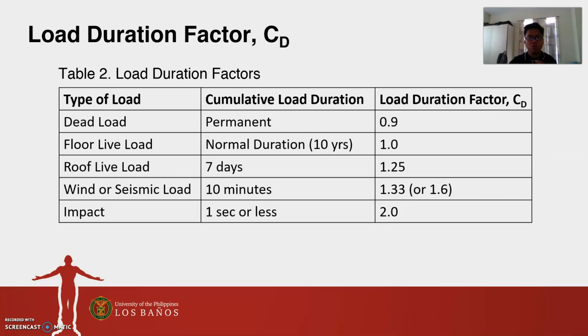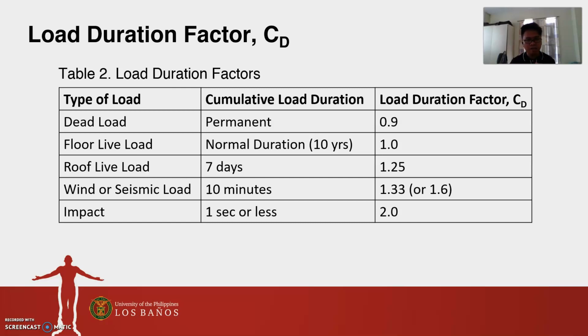So we would have to expect that if we have a type of load that has a very long duration, say the dead load, it is applied permanently, then we have to decrease the strength of the member. And as you can observe here, the load duration factor is 0.9, which means it actually decreases the strength of the member.